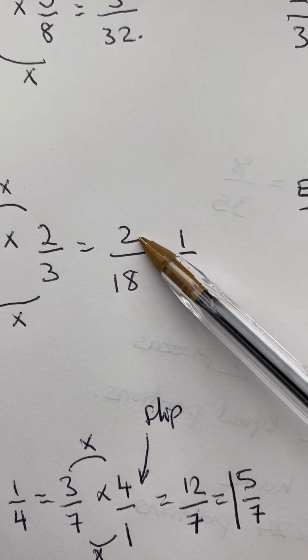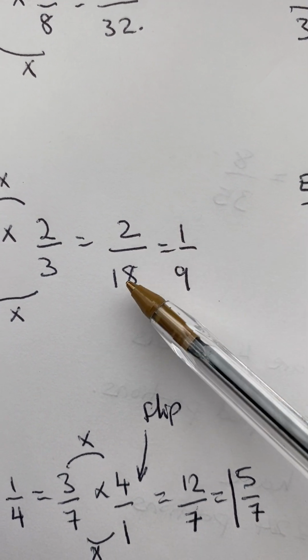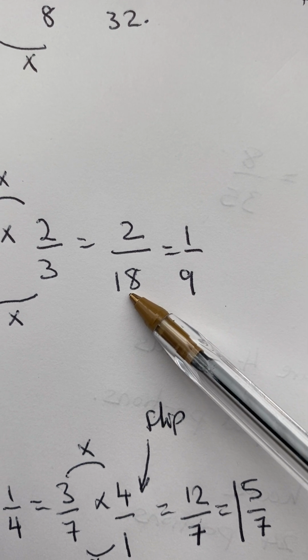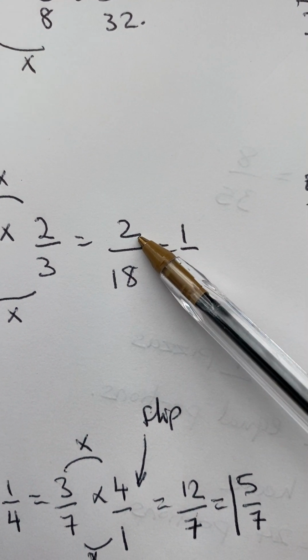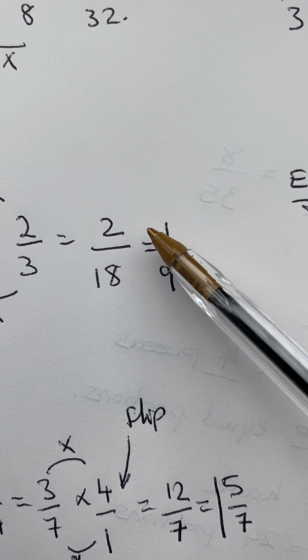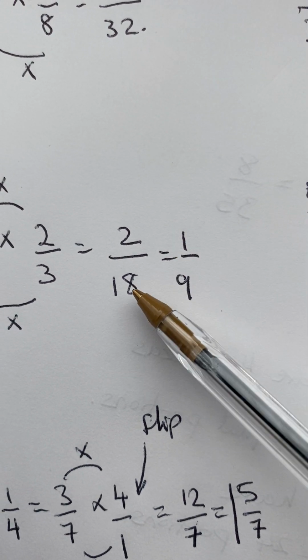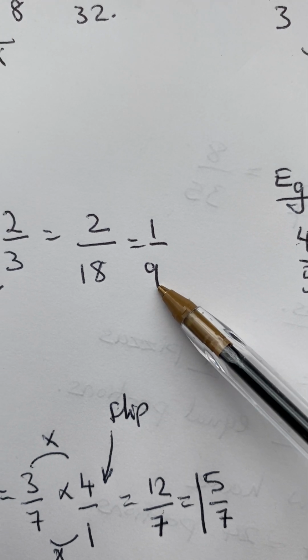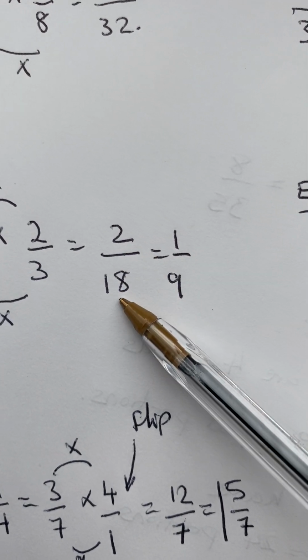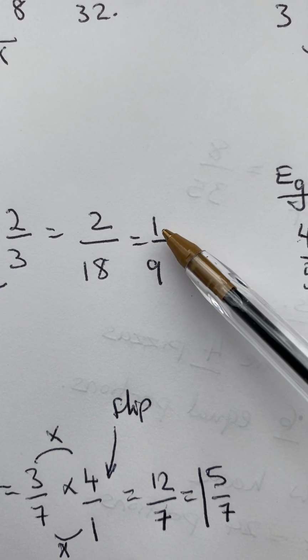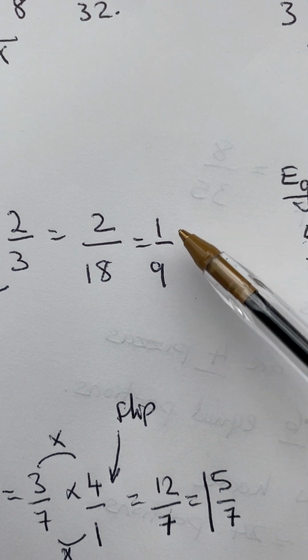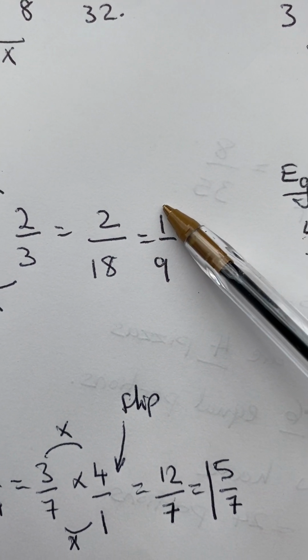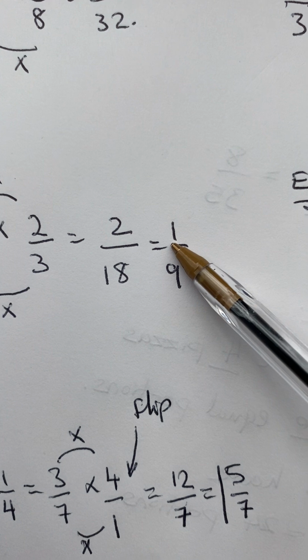But look, 2 is a factor of 18. So how many 2's do we have in 2? 1. How many 2's do we have in 18? 9. So 2 over 18 equals 1 over 9. So this is the simplest form that we can leave this.